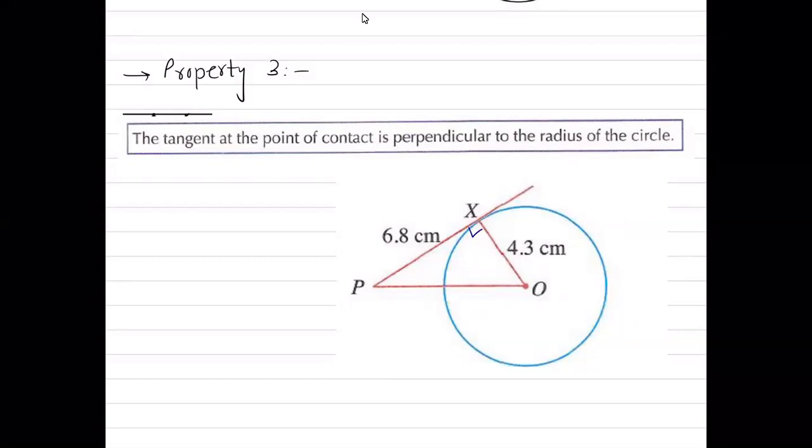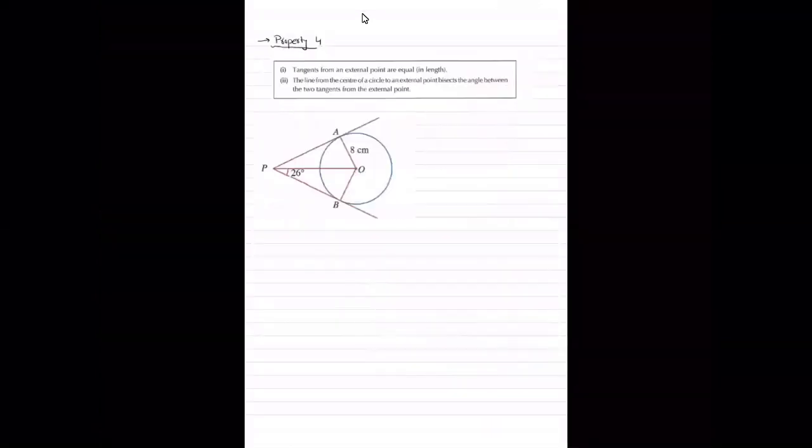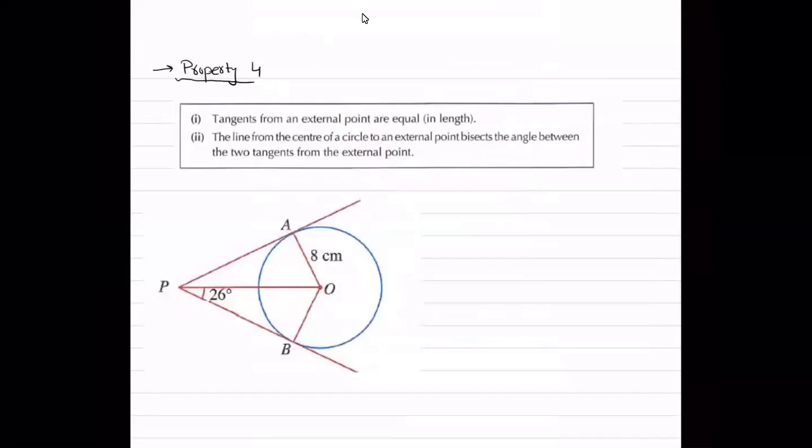Okay. The next property says that tangents from an external point are equal in length, meaning if tangents are made from point P, one of the tangents is going to be made at a point A and the other at a point B. Now these are tangents, so obviously the angle between the radius and the tangent is always going to be 90 degrees.